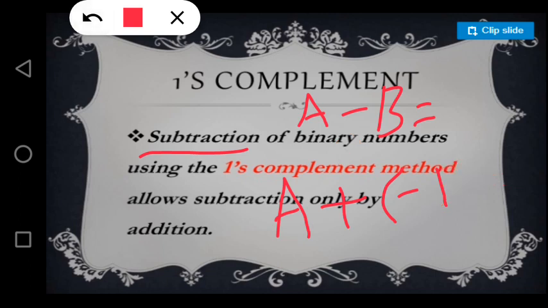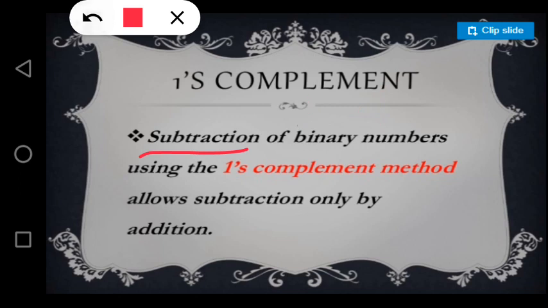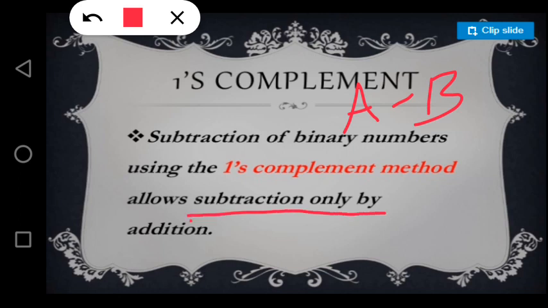So this is the meaning of subtraction of binary numbers, like a minus b. If a is a binary number and b is another binary number, then in a minus b, subtraction of the binary numbers using the 1's complement method allows the subtraction only by addition.